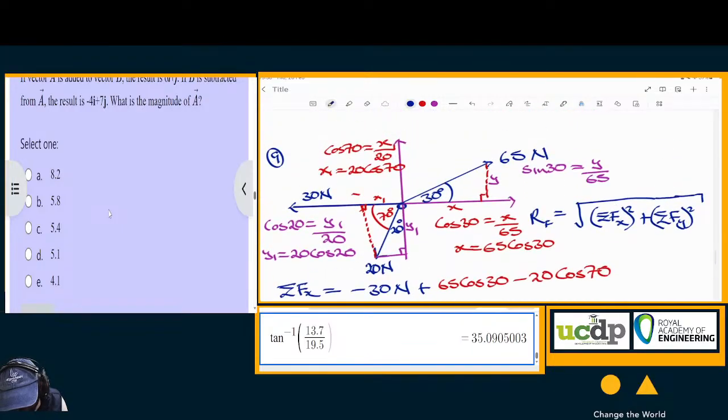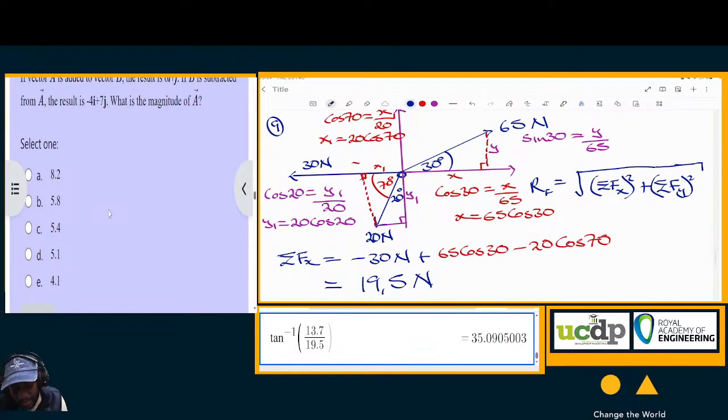So what we just did there was to first find the sum of forces in the x direction, and take note that all vectors at an angle will have to be resolved.